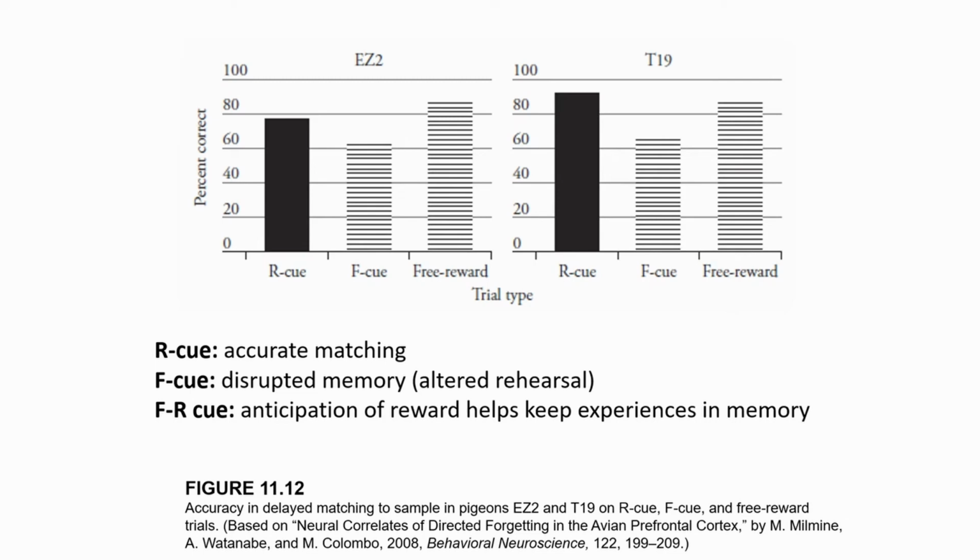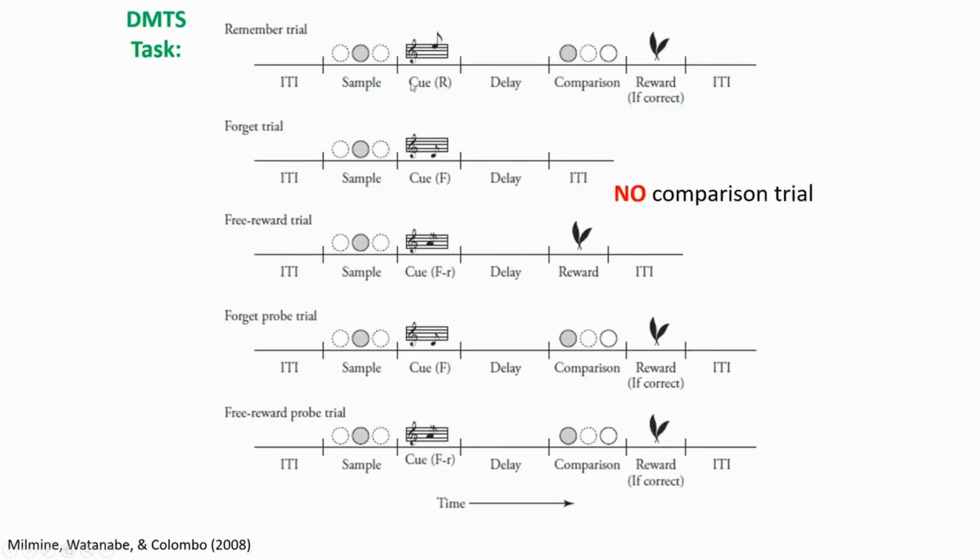And because we're focusing on retention here, I want to point out that we can't say that our forget cue was, say, interfering with acquisition or encoding, because the birds were exposed to the same stimuli, the same samples, whether they were in a remember trial or a forget trial or a reward trial. The sample presentation was always the same.